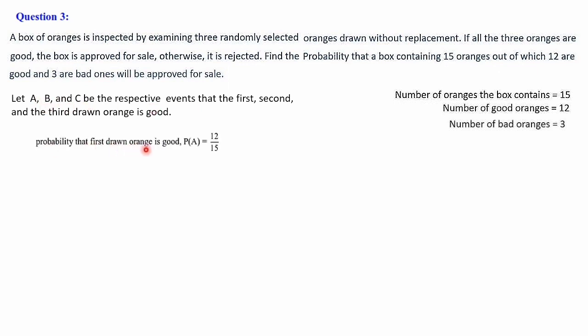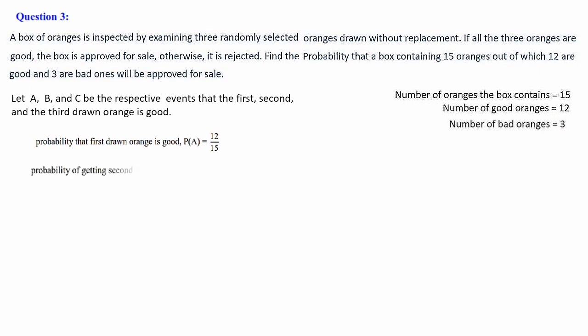The probability that the first drawn orange is good is P of A, because whatever oranges they are taking must be good, then only it will be approved for sale. We have 12 good oranges, and these 3 are bad ones. So out of these 12 only 1 should come. So P of A is 12 divided by 15.